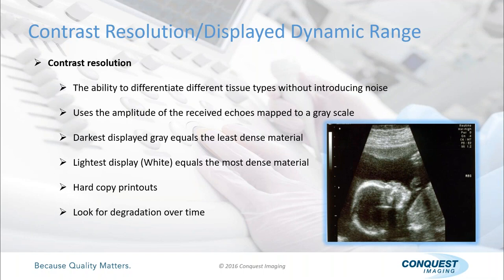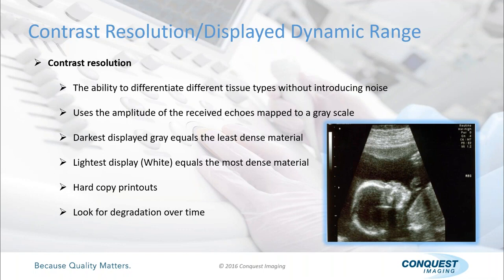This is your grayscale. And one of the things that will affect image quality is, especially in hospitals that have different sonographers or technologists on the weekend, you'll get a technologist come in on the weekend and they'll like a different scale, so they'll change it.